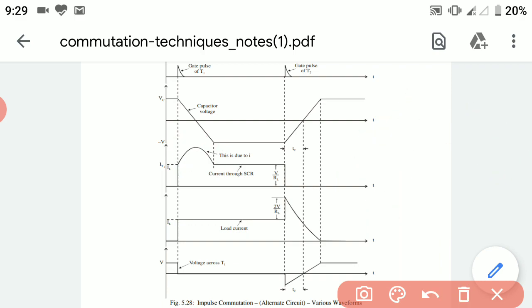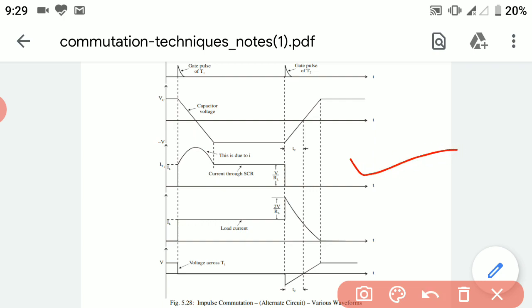After that the capacitor polarities change. Now the current is a bit constant, that is, the current flowing through the thyristor T1 is just because of the battery only. Initially it was flowing because of battery V and capacitor C. So this is the current waveform of thyristor T1.